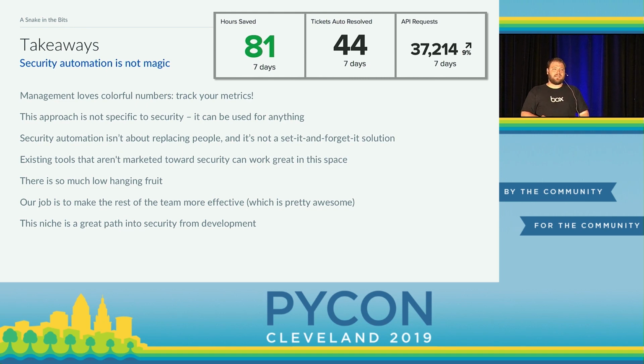This little graphic is similar to something that our team actually sends out every week to management and other teams saying, here's how many calls we got, here's how many hours we estimate we saved. We make it green because management likes colors. And if they care to take that and multiply by an average hourly rate, then that can directly correlate to amount of dollars saved, which is a pretty powerful proposition.